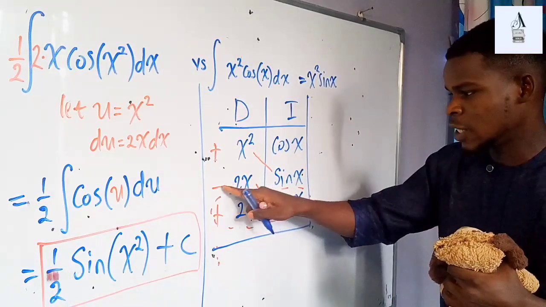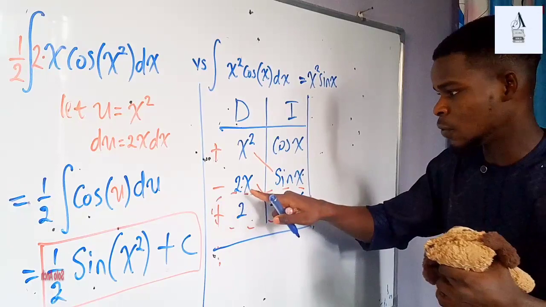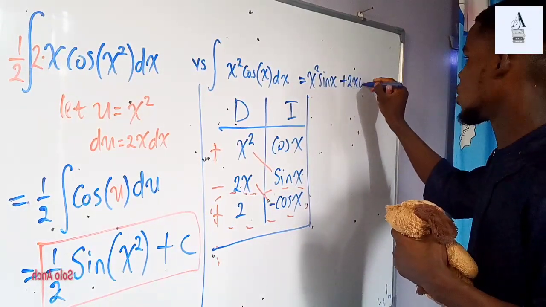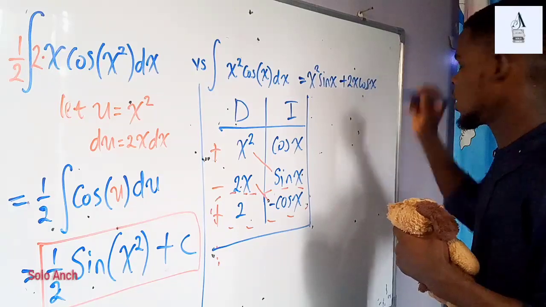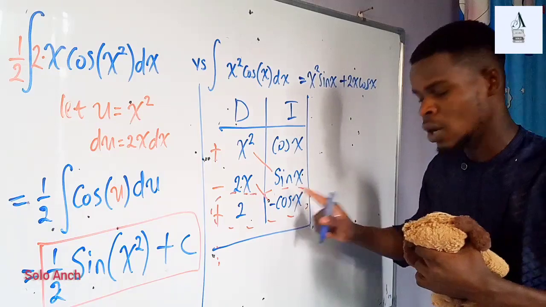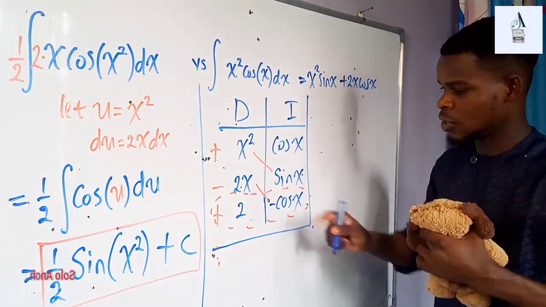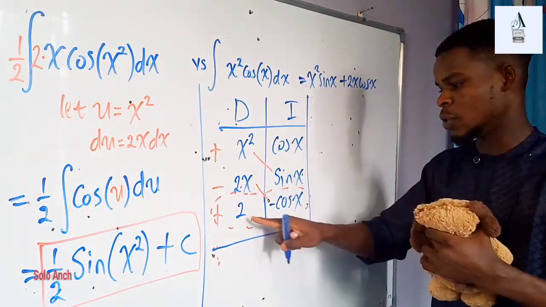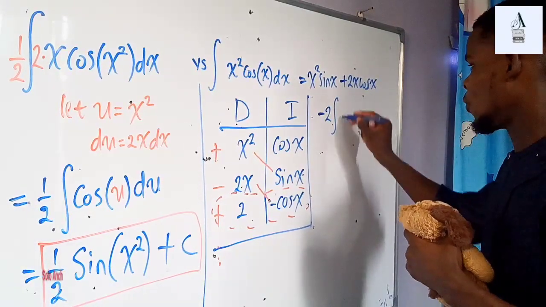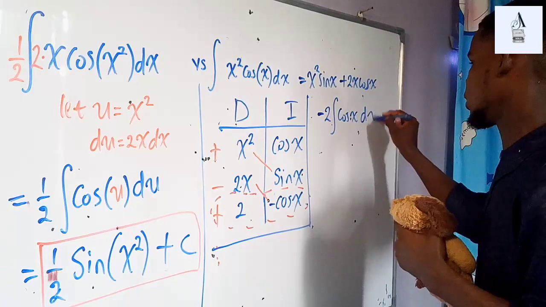Then we multiply -2, taking note of this negative sign, -2x times negative cosine of x, that will be positive 2x cosine x, okay? And lastly, we multiply this last row and then integrate it. So we integrate the product of this last row, that will be 2 times negative cosine of x, that will be -2 times the integral of cosine of x dx.